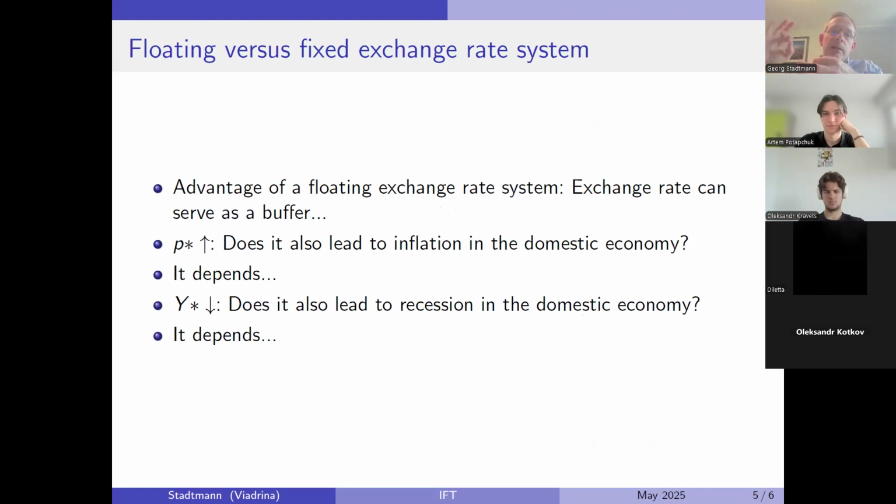But when there is a fixed exchange rate system, then the two economies are linked to each other by the fixed exchange rate system, like a locomotive and a wagon. And when the locomotive is running, when there is inflation in the foreign economy, it will transmit to the domestic economy. We can definitely look at these shocks tomorrow.